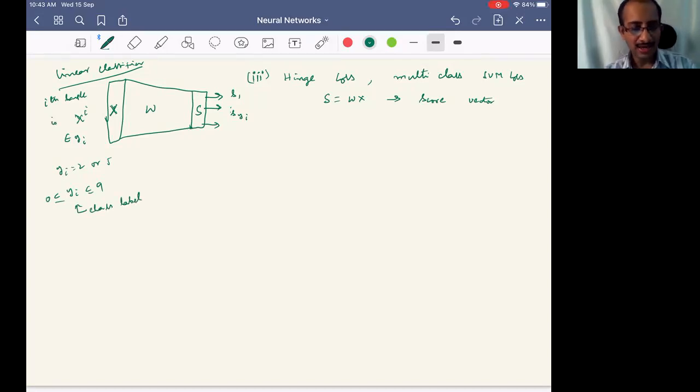In that case, what this hinge loss does is this: S of yi, the score for the yi class or the corresponding class, should be greater than or equal to all other classes, that is Sj for all j ranging from 0 to 9, or 1 to C. Is this clear, whatever I have mentioned now?